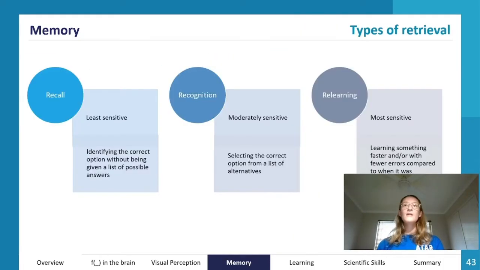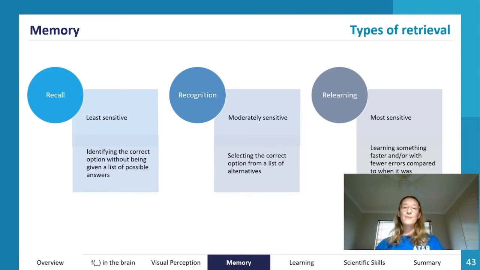So moving on, we're still in memory, but we're up to our types of retrieval. Thinking back to all of our different memory stores and memory types, we looked at short-term memory, long-term memory, and working memory, and a lot of that was about how information is encoded into our memory.